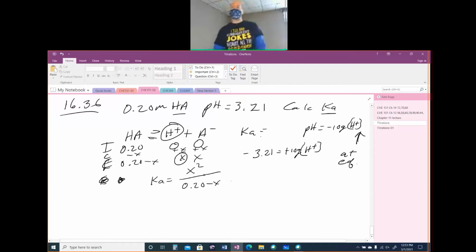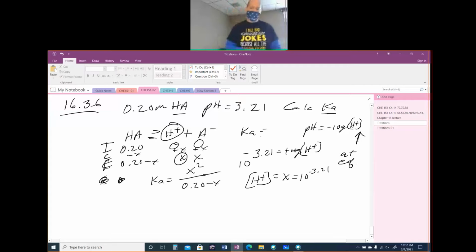Then you push your anti-log button on your calculator. That is your 10 to the x button. And you get that your H plus concentration, which we see right here, is equal to X when we did our initial change equilibrium, and that is 10 to the negative 3.21. And so you get your calculator and you have your 10 to the negative 3.21, and that is 6.2 times 10 to the minus 4.